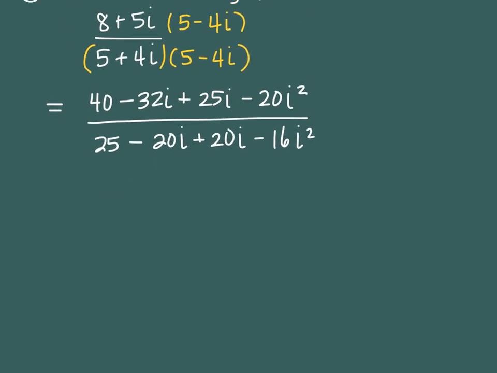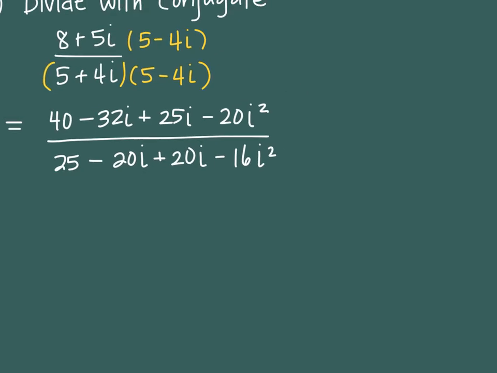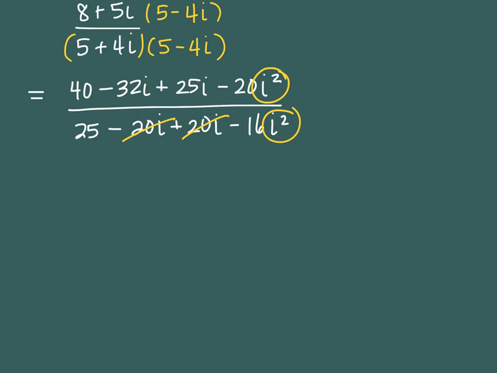When I clean this up, the 20i's in the bottom cancel each other out, so I have a 20i minus and a 20i plus. And I have an i squared at the end of both the top and the bottom. Those don't cancel each other out. They just each turn into a negative 1. So I'm going to have 40 minus 7i, which is the combination of negative 32 and 25, and then minus the 20 with a negative 1.